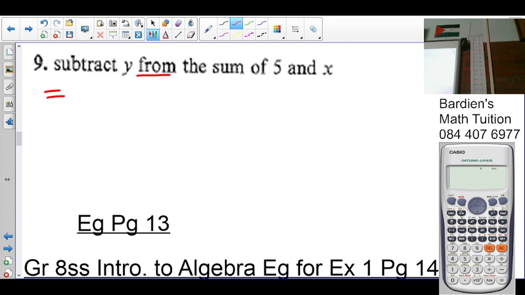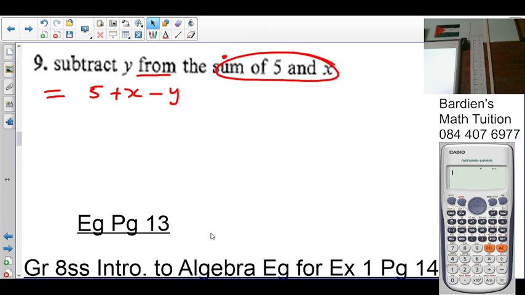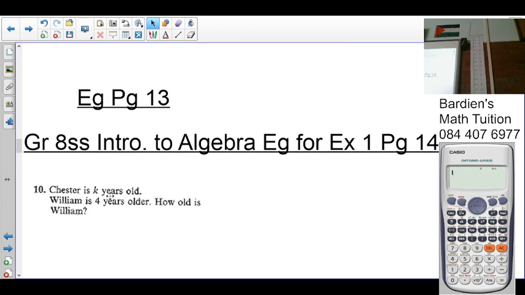So it will be the sum of 5 and x: 5 plus x. Why 5 plus x? Because it's talking about the sum. And then minus y. So you say subtract y from the sum of 5 and x. Okay, do you guys understand? Right, nice, well done.